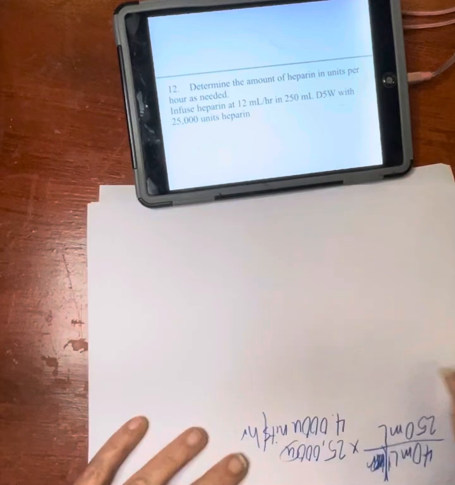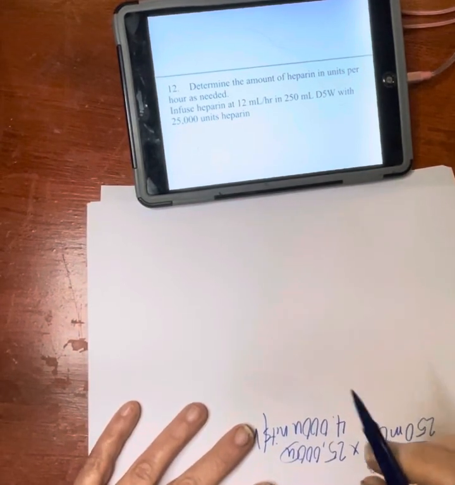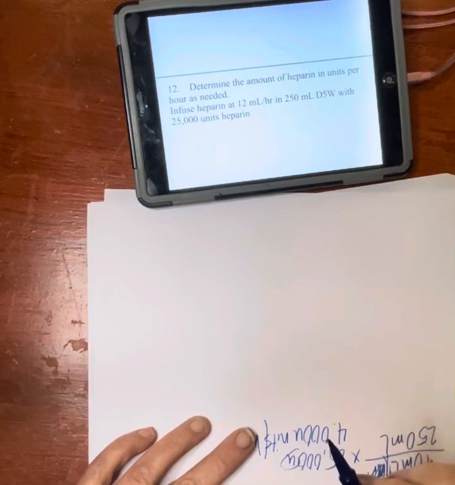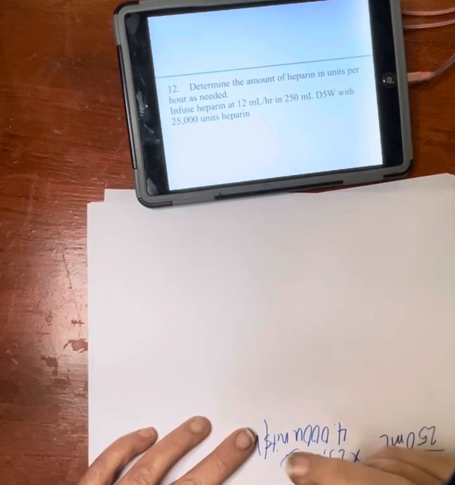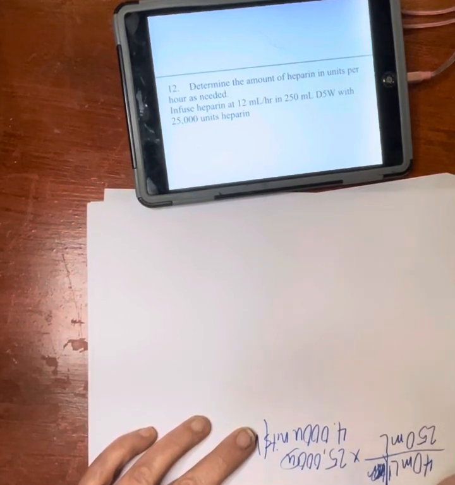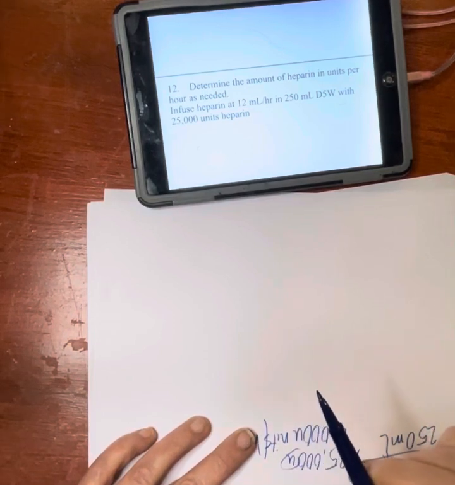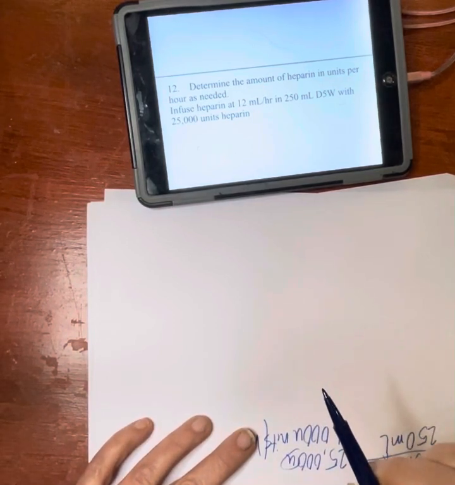So this says determine the amount of heparin in units per hour as needed. Infuse heparin at 12 milliliters an hour in 250 milliliters of D5W with 25,000 units of heparin.